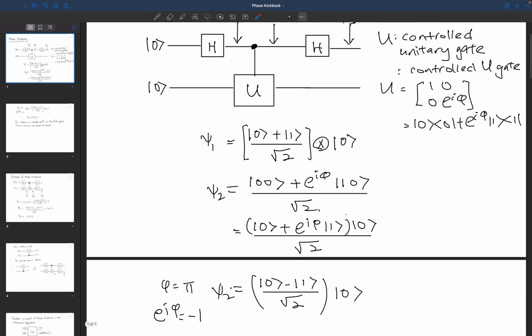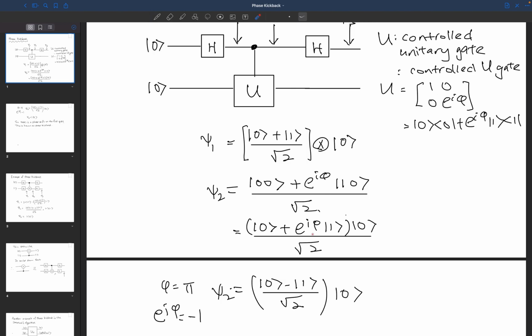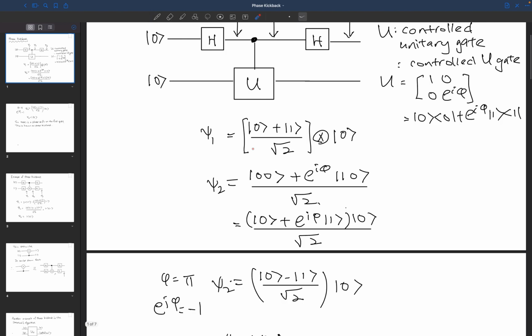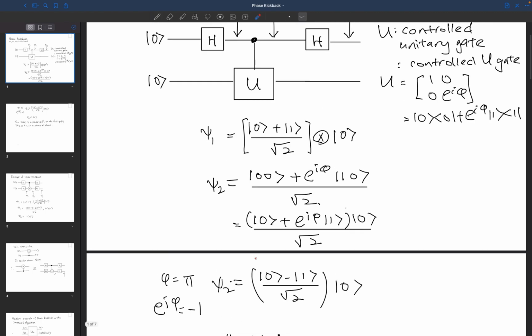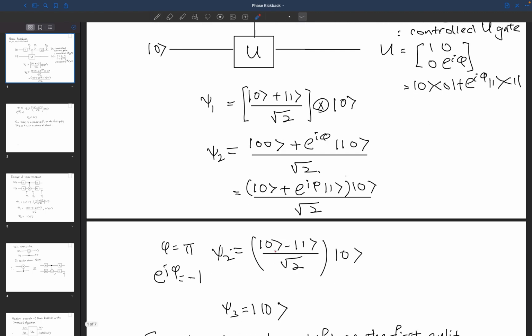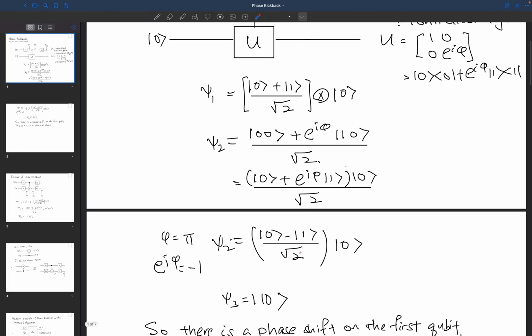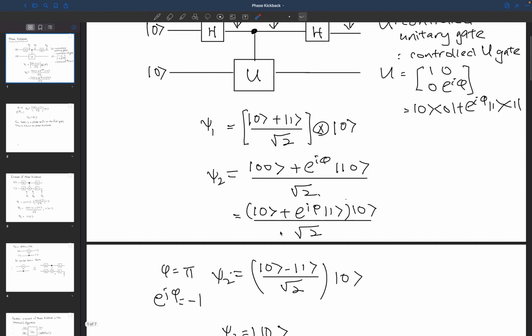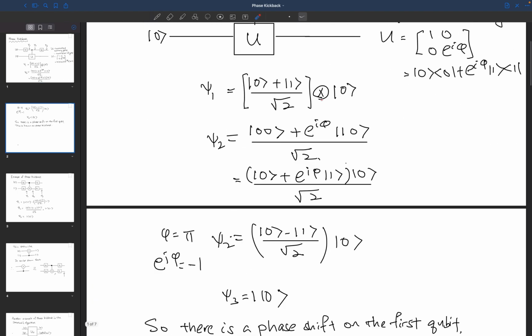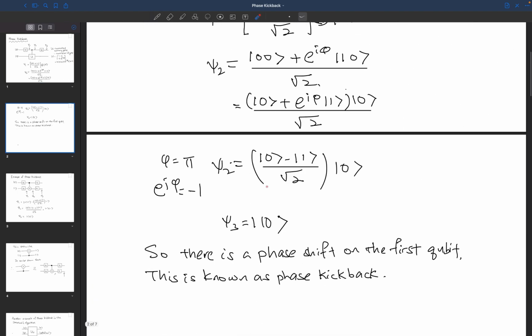And you can see that now there is a phase applied to the first qubit. And if the φ is pi, then e^(iπ) is -1. In this case, we will have 0 minus 1, and after the Hadamard, we'll get 1, 0.